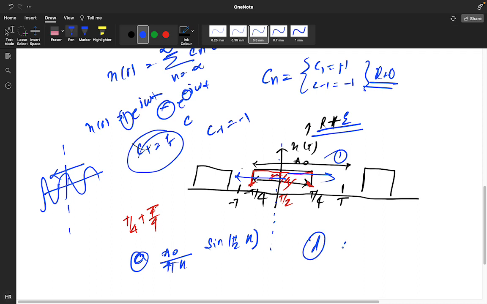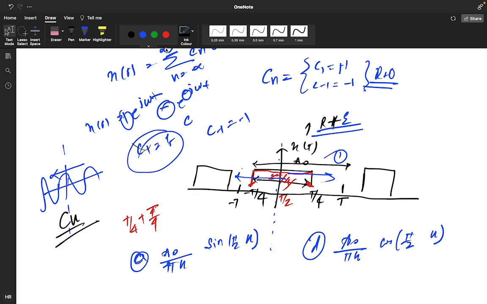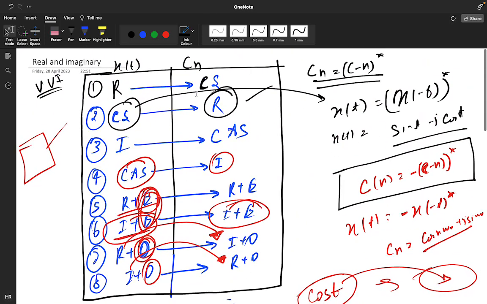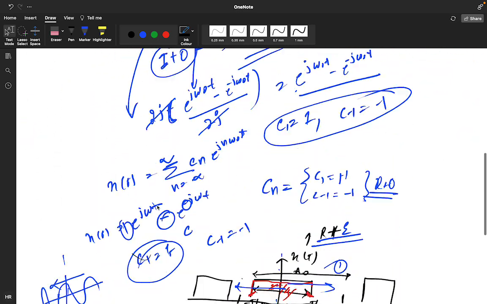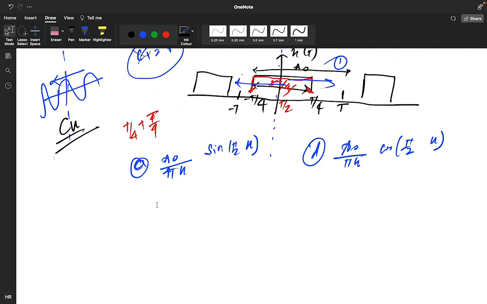Option D is a naught by pi k cos pi by 2 k. They are asking for the ck value. So if you are getting real plus even, check the graph. If you are getting real plus even, you will get real plus even only. So like that, two options you will directly eliminate.